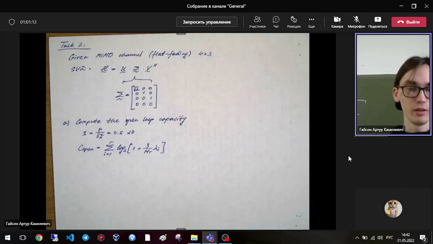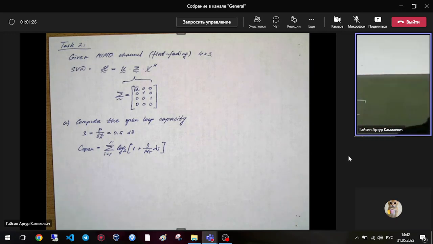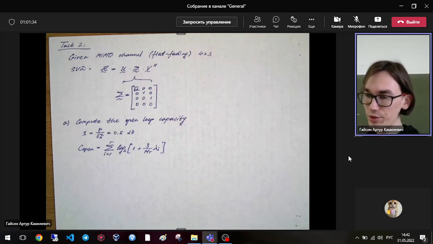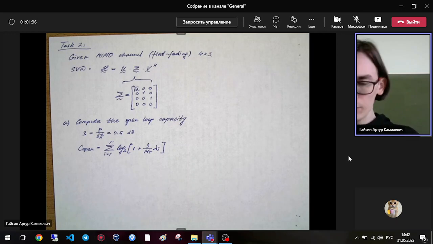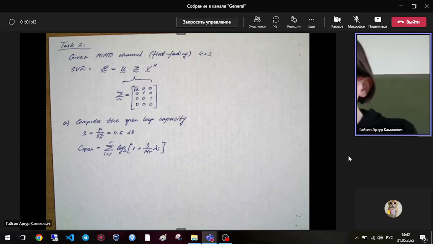Okay. So first you can see that we have only singular value decomposition. But usually when we calculate open loop capacity, we use this eigenvalue. And then we can say, oh, we know this connection between singular value decomposition and eigenvalue decomposition. And also we know the connection between eigenvalues and singular values.